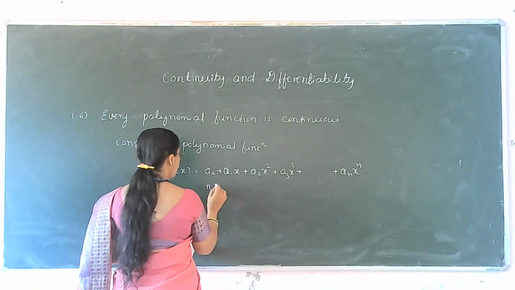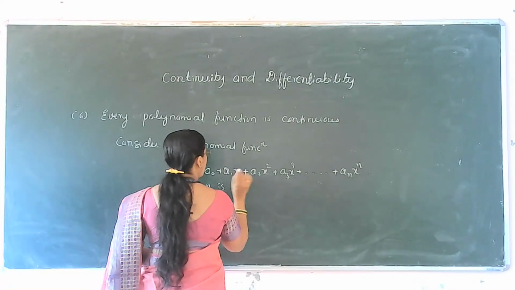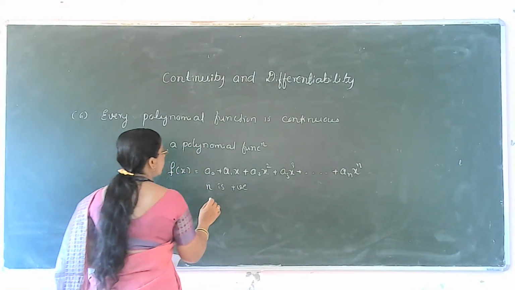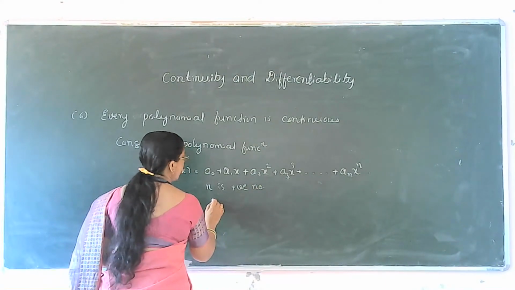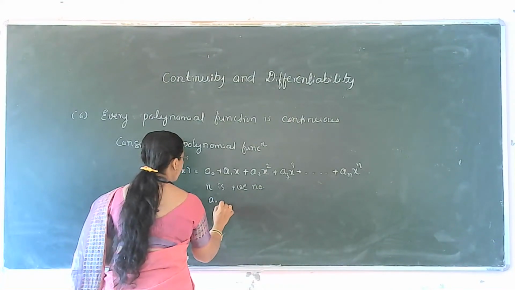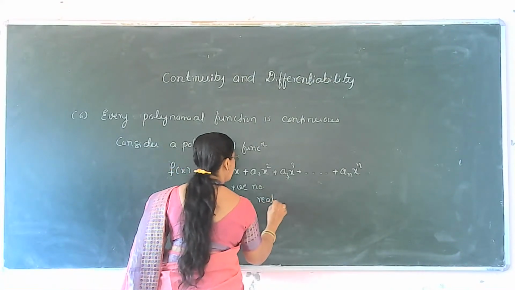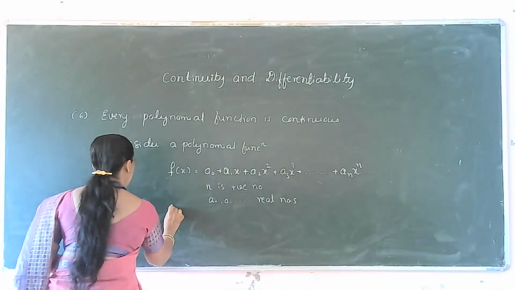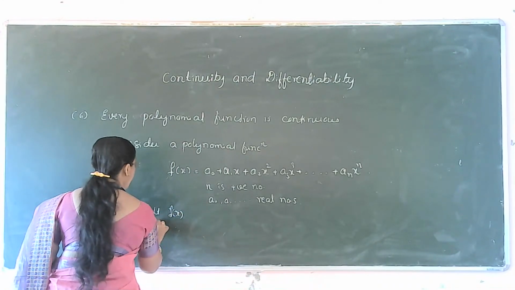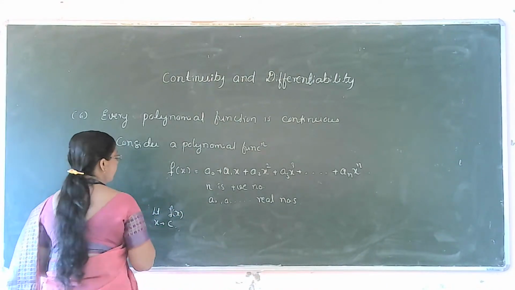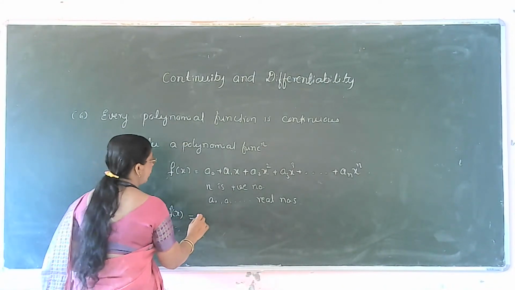Here n is a positive or non-negative number, and a0, a1, a2, a3 are real numbers.